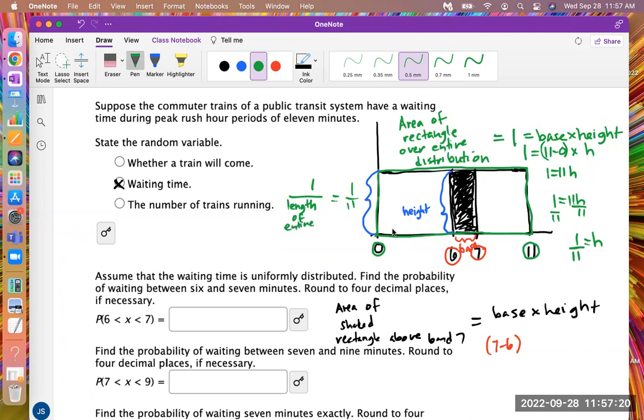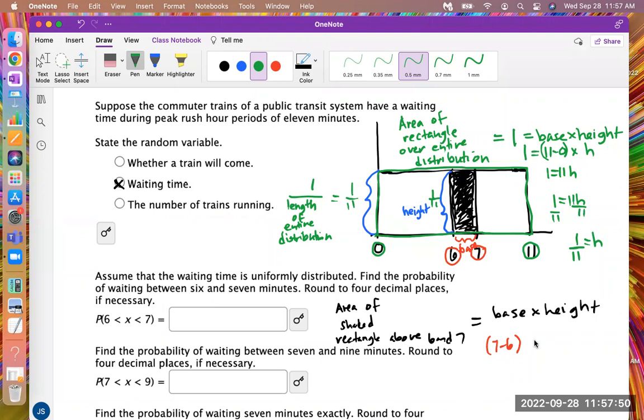You know, because they said it's uniform between 0 and 11, or the base of the entire rectangle. So that's our height of the distribution, and the shaded rectangle will have the same height.